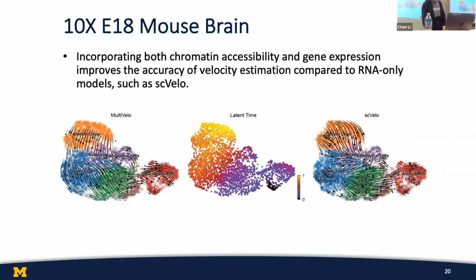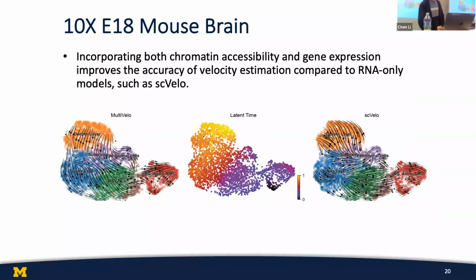If we look at the latent time, for example, the darkest point is where we predicted the root cell to be, and as the time increases, the cell type becomes more mature.